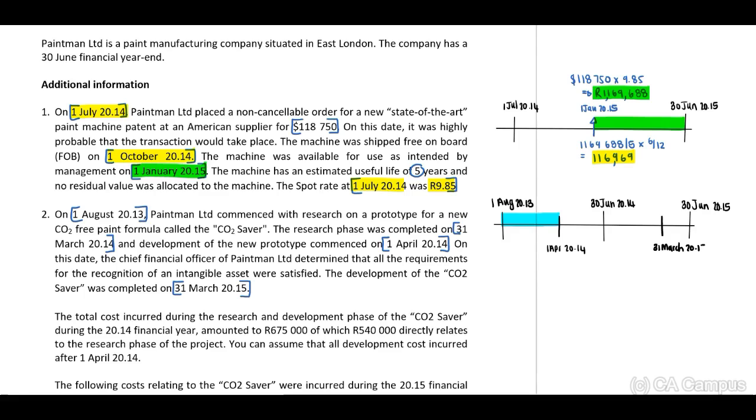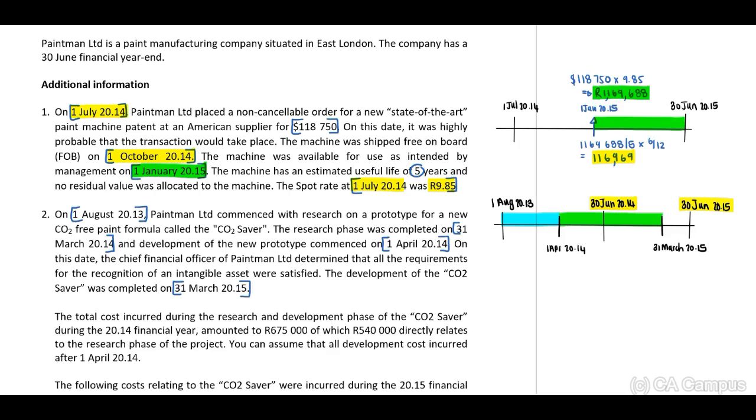Okay, so guys, important to identify, our year end is 30 June 2014 and 30 June 2015. Our development phase will be from 1 April 2014 until 31 March 2015.